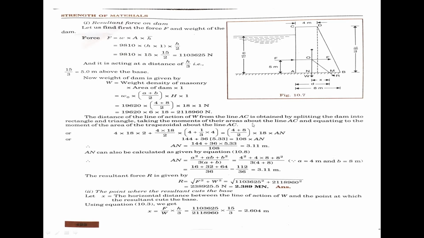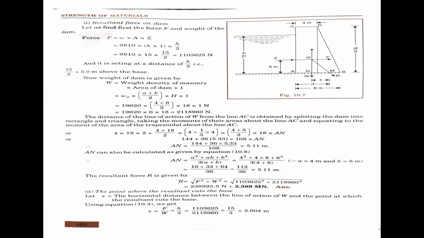Now an, you have to calculate the distance using this formula. An can also be calculated as given by equation 10.8. Again, simply calculate the an value using the formula a square plus ab plus b square divided by 3 into a plus b.